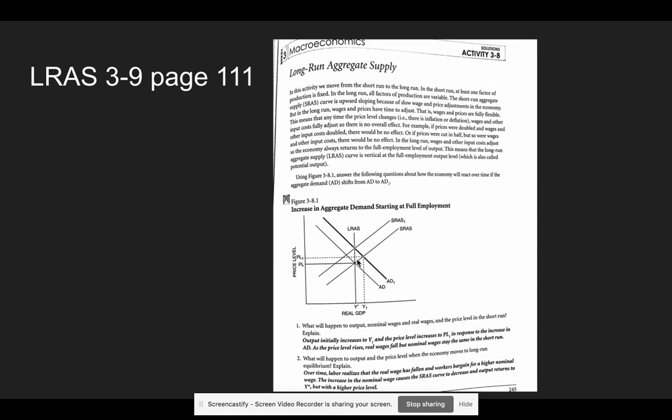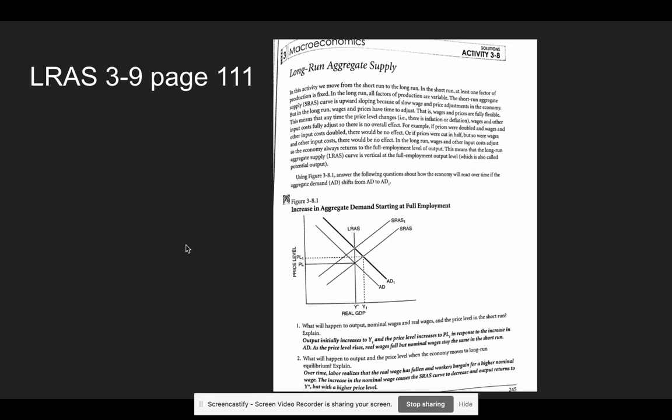What will happen to the output and the price level when the economy moves to the long run equilibrium? So when we move to the long run equilibrium, what we're going to see is over time, wages are going to need to increase, and workers will start to bargain for that increase because they're going to see that their wages have actually fallen, that things have gotten more expensive, and so they have less purchasing power.